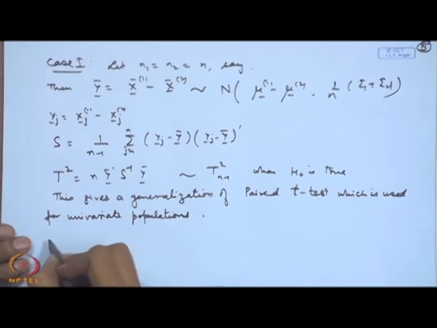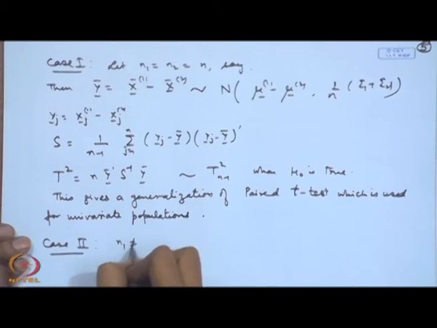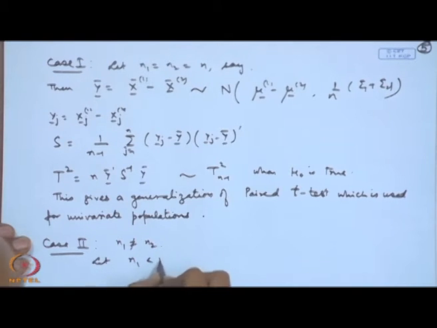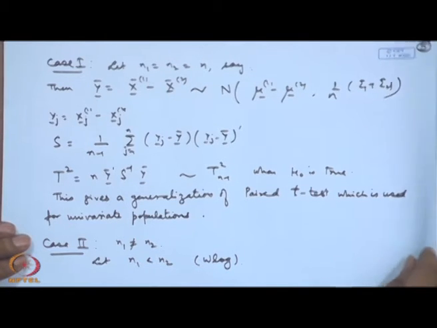Now, let us consider the second case, which is the more important one, that is n_1 is not equal to n_2. Without loss of generality, let us consider that n_1 is less than n_2.